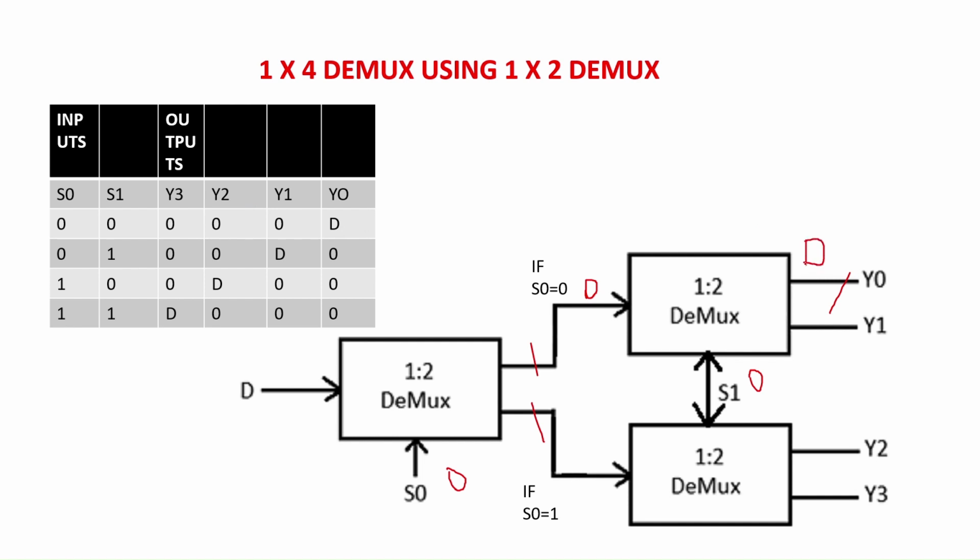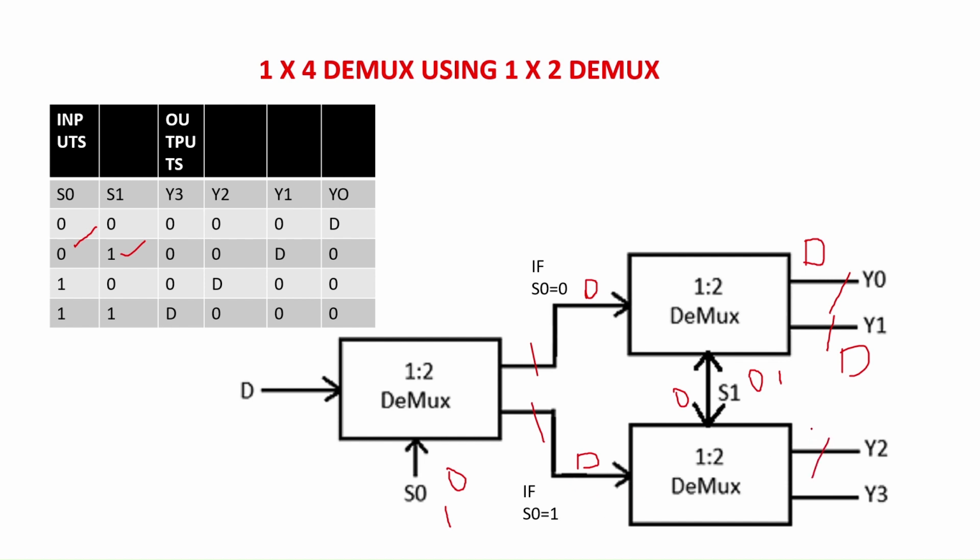When S0 equal to 0 and S1 equal to 1, the output will appear across this line Y1. The applied input will appear across this output line Y1. When S0 equal to 1, the applied input will appear across this line, and when S1 equal to 0, the applied input D will appear across this line Y2.